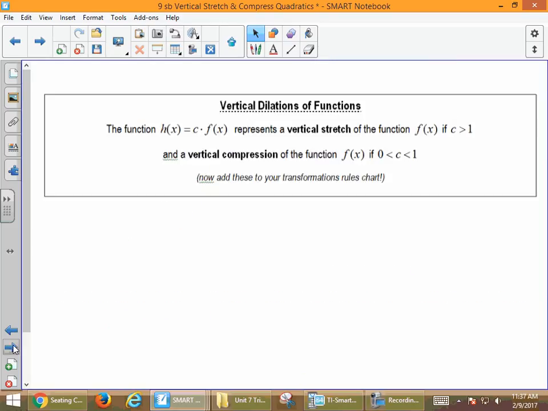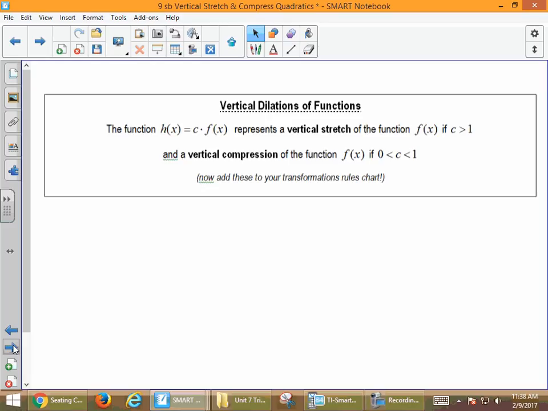And so the last thing is you can pull out your transformations rules chart, and we can fill in our last two sections. The first one is when the function h of x is c times f of x, where c can be any number. It could be 4, it could be 1/3, it could be 2,000. When c times our original function, that represents a vertical stretch of the function f of x if c is greater than 1.